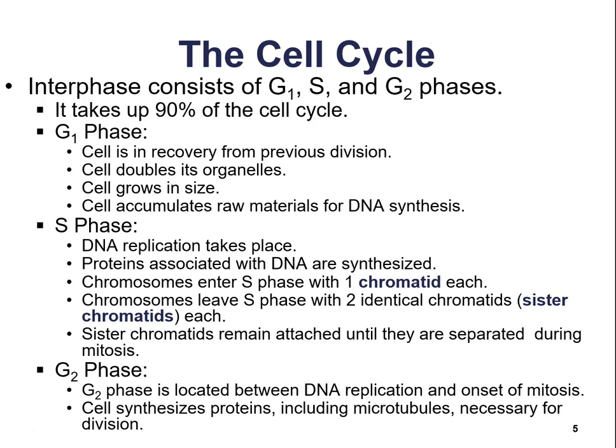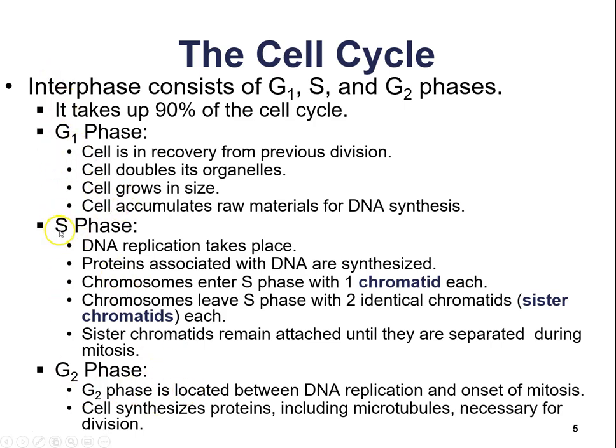But bottom line is chromosomes have one chromatid, but once the DNA is replicated, you'll see two sister chromatids. That means that DNA is replicated. And then those sister chromatids will be attached until they get to mitosis, and eventually they'll be separated during mitosis, okay?